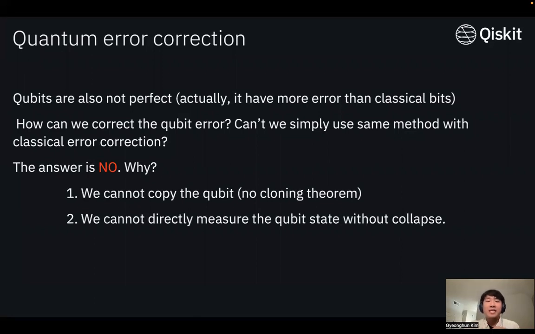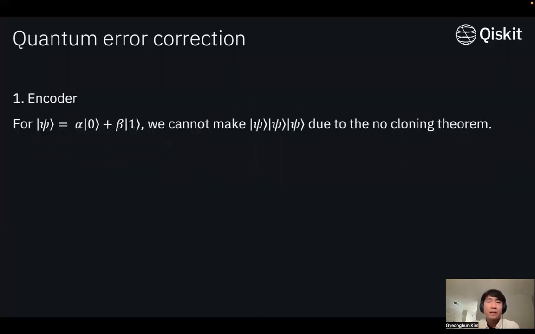First, we cannot copy the qubit state. This is known as the no-cloning theorem. And second, we cannot directly measure the qubit state without collapse. So we cannot detect the errors by simply measuring the qubit states directly. So we have to find another way to correct the errors.